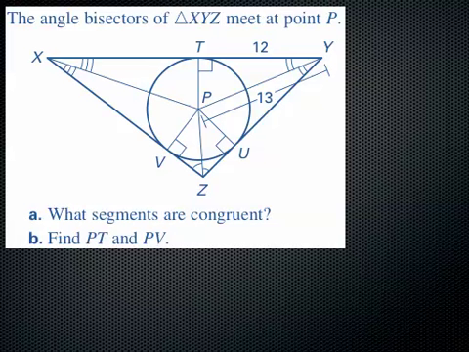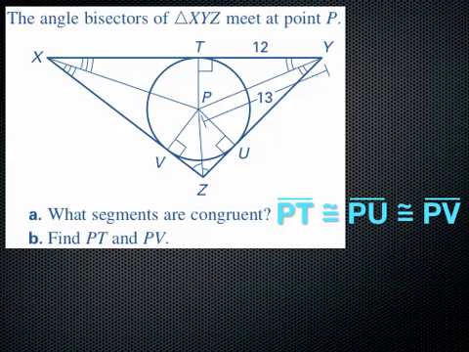The three lines that are showing the distance from point P to the sides of my triangle are PT, which is congruent to PU, which is congruent to PV. So my three congruent segments would be the distance from point P to the sides.